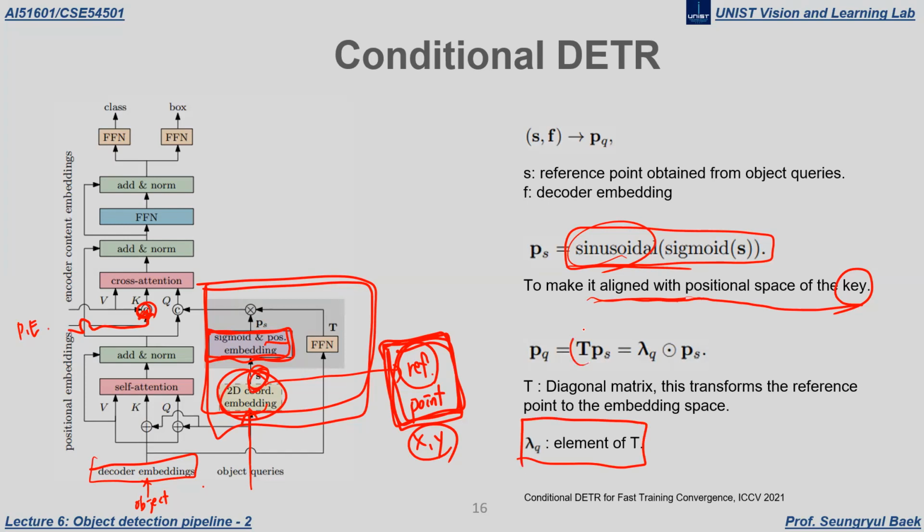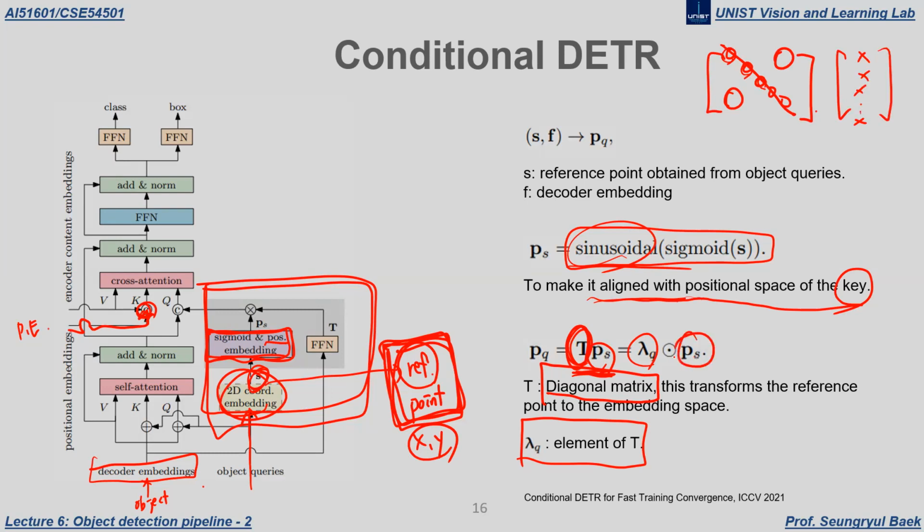This is a transform function to further transform the sinusoidal encoding, but T is a diagonal matrix with entries only on the diagonal and zeros elsewhere. So it is actually multiplying a scalar lambda to each entry of the P_S vector.